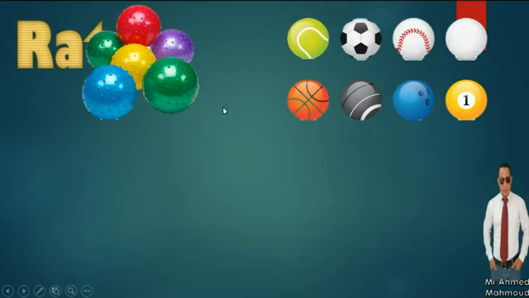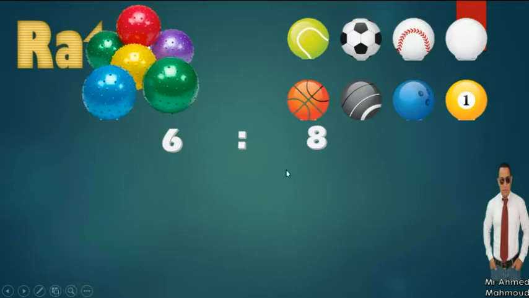If I need to compare the two groups, or find the ratio between the two groups, we have here 6 balls and here 8 balls, and in between there is a ratio symbol, read as 6 to 8. Okay, this is how we can write the ratio 6 to 8.